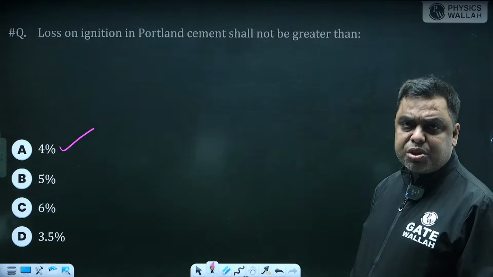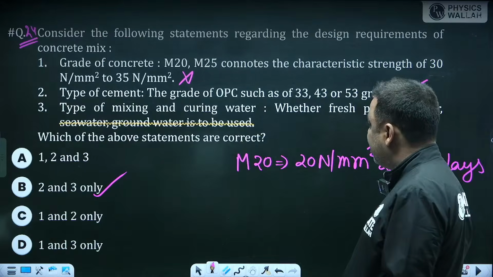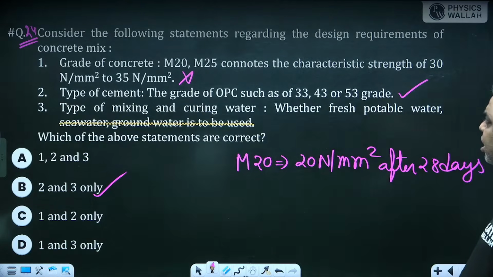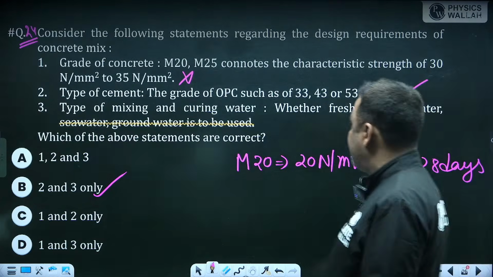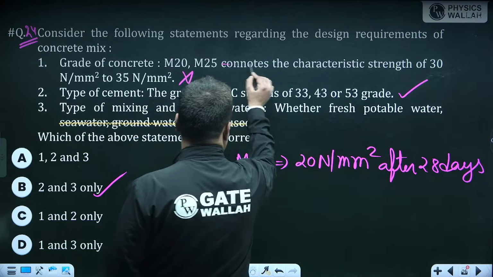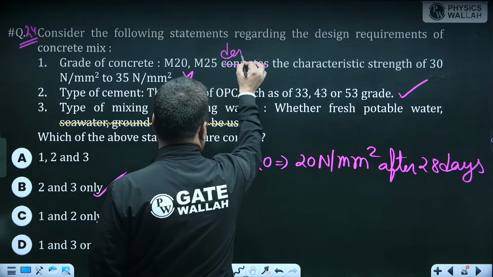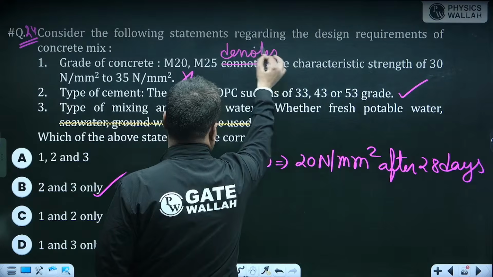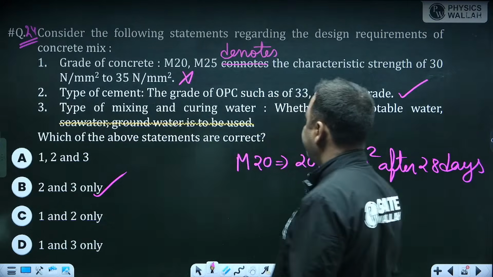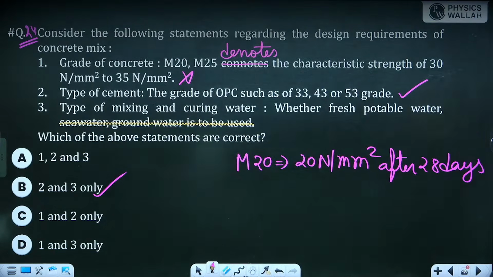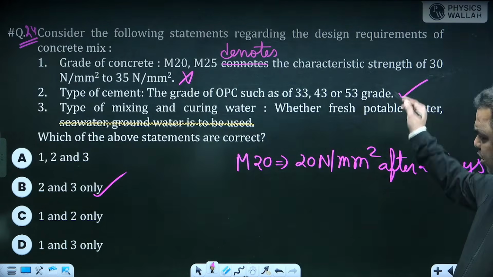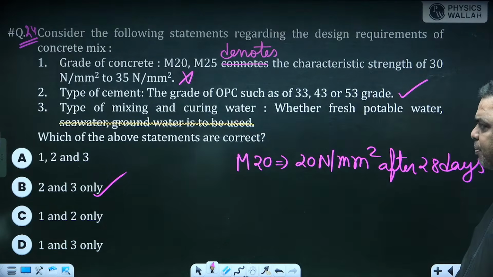What is the issue, Civil engineering JK? Denotes, it denotes. Typing mistake. Fine. Civil engineering JK, is it okay now? In this question, there was some typing mistake, so this is also a typing mistake.